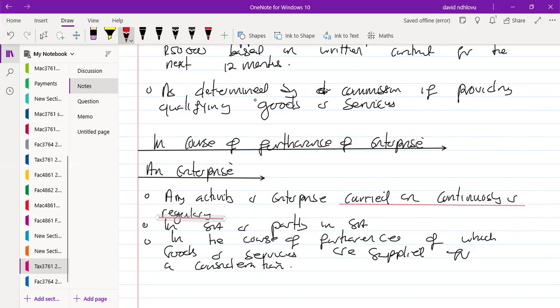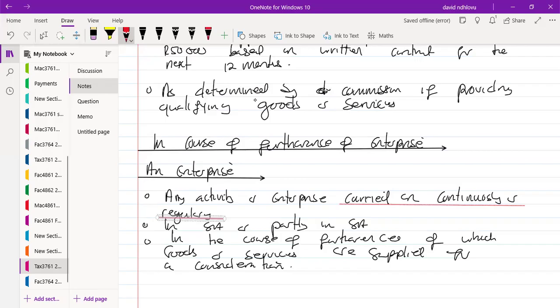However, if you wake up every day and you go and sit by the betting shop and you start betting, you are now carrying on an enterprise of betting because you are doing this continuously and regularly. If you then win a certain amount of money, it may attract VAT. Are we clear? It must be something that is carried on continuously for it to be enterprise.